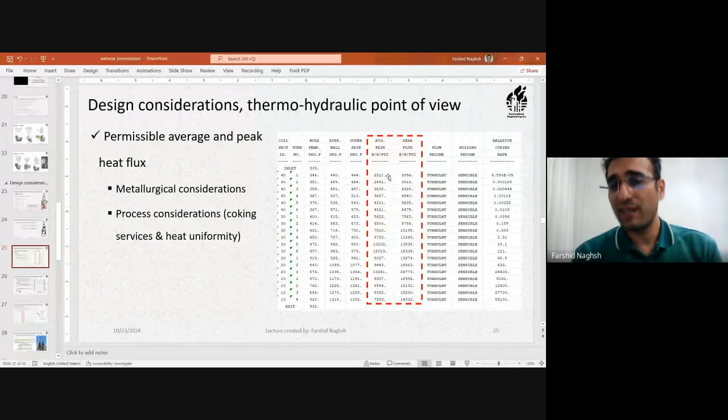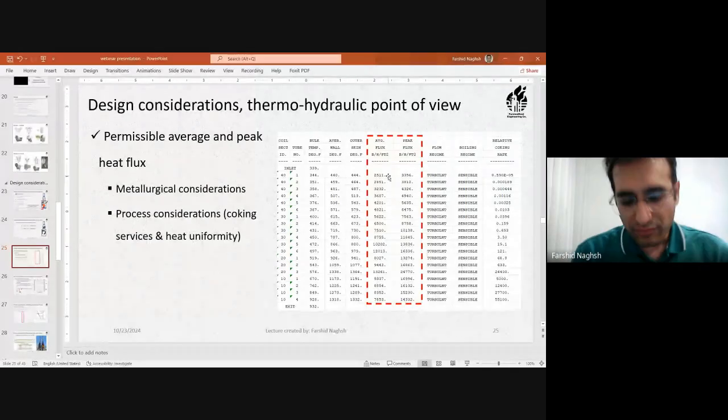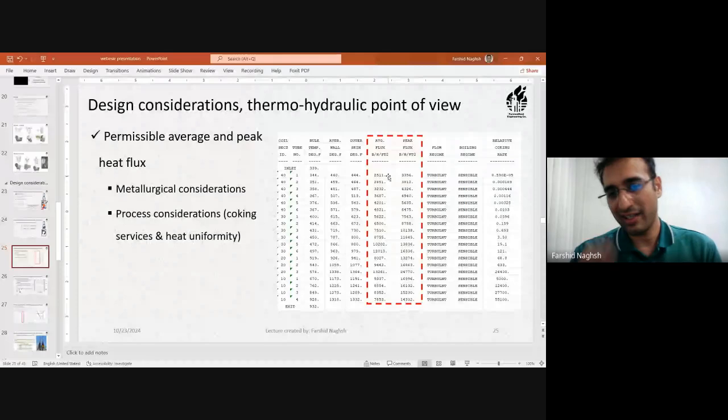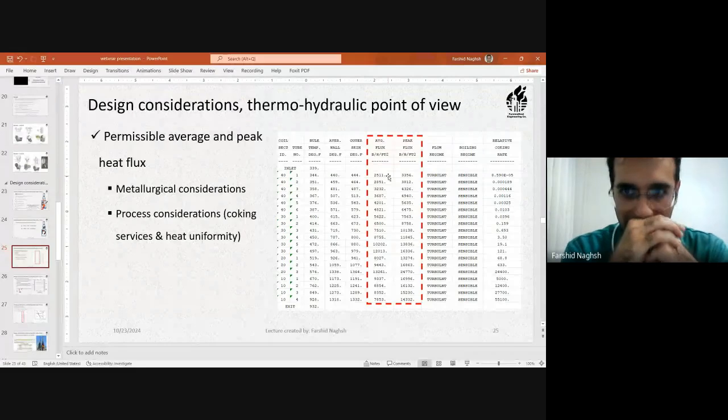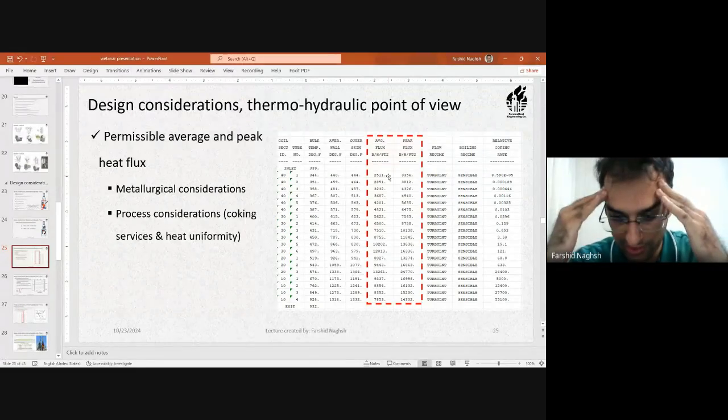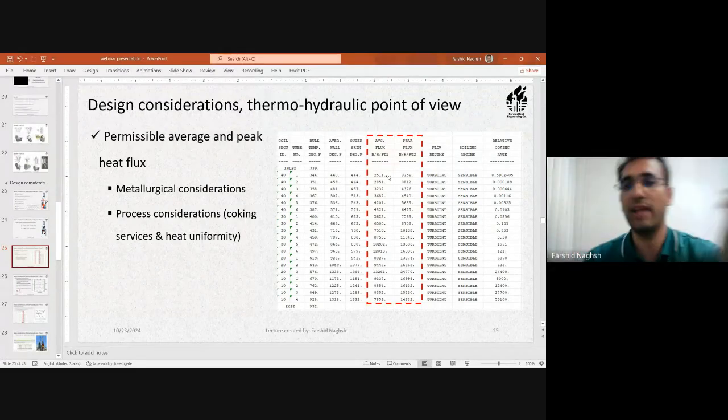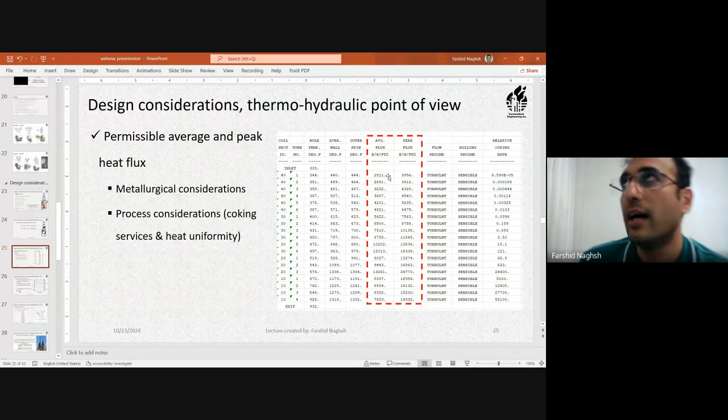Peak fluxes are a coefficient of the average flux, and they are a little bit higher. The permissible peak flux inside the heater totally depends on the geometry of the heater.